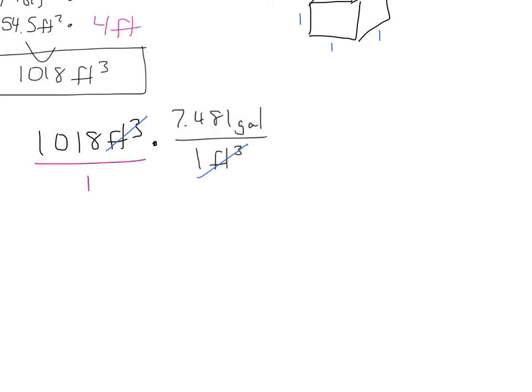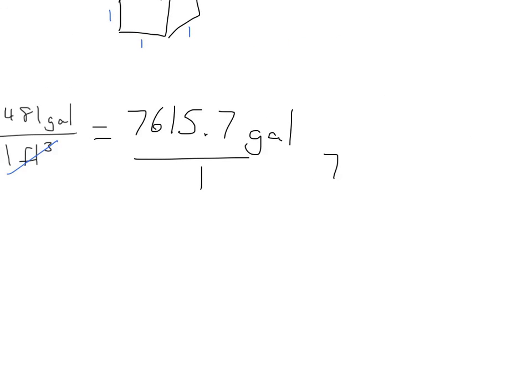So now we're taking 1,018 times 7.481 gallons. And look what you get. On top, you get 7,615.7 gallons over 1 times 1, nothing, so it's just 1.